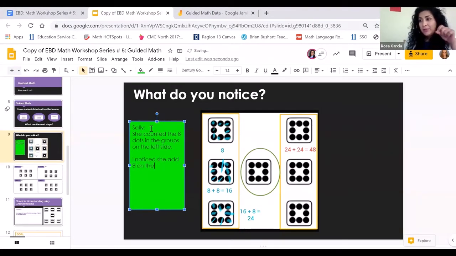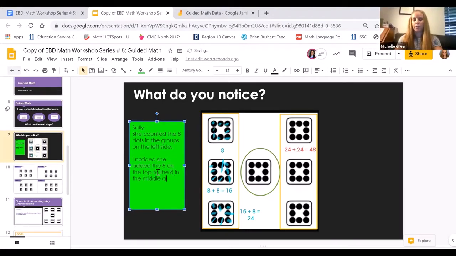So she said 8 plus 8. She put the first 2 together, and then she put another one together to make all 3. Oh, okay. So she added the 8 on the top to the 8 in the middle to the 8 on the bottom. Mm-hmm. Okay. Very nice. Thank you, Sally. It's a good observation.